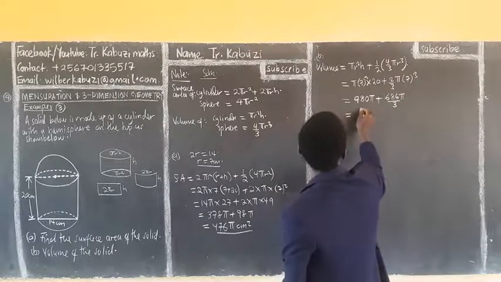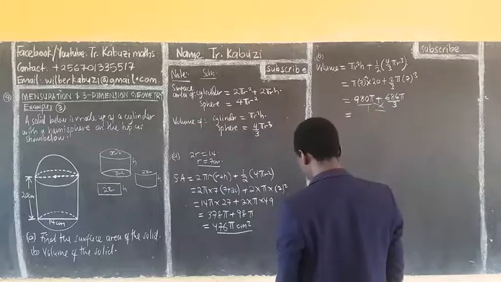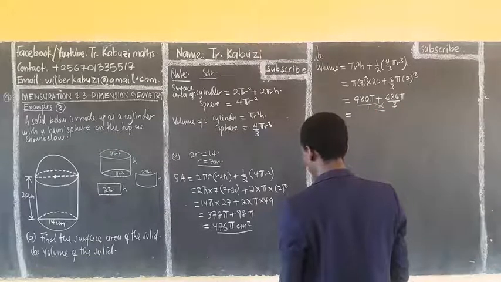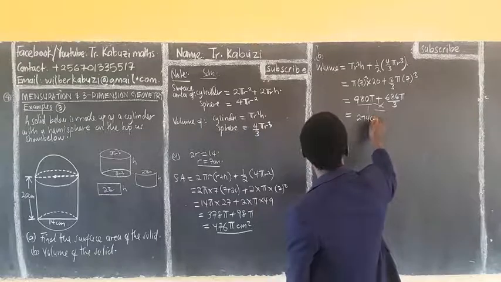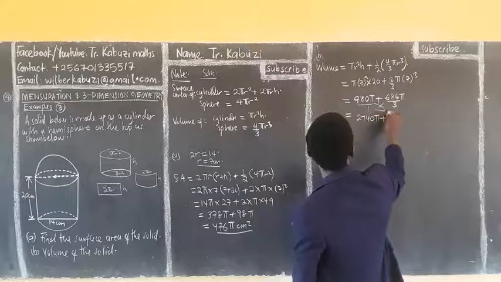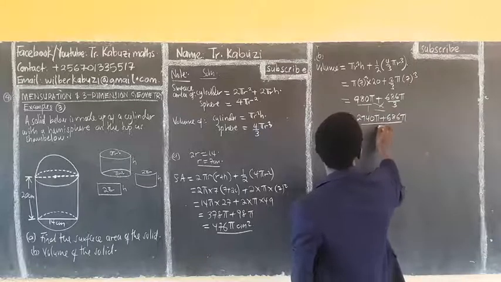And if we combine, we are going to cross multiply like this. This times this times 3, we get 2940 plus this times this, 686, the whole thing over 3.